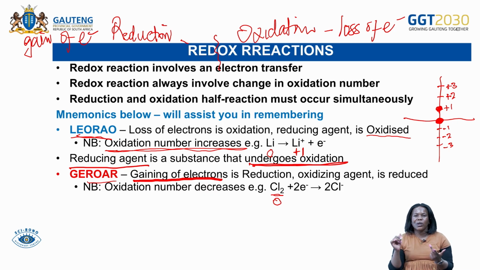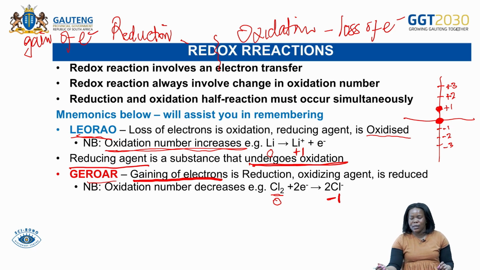Let's look at its charge because now it is regarded as what? An anion. So what charge is there here? There is a negative, because that is why we said it is an anion, it is negatively charged, right? So the charge of what? Of negative 1. So there was a decrease in the oxidation number.